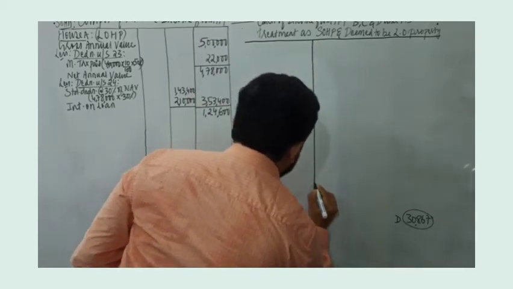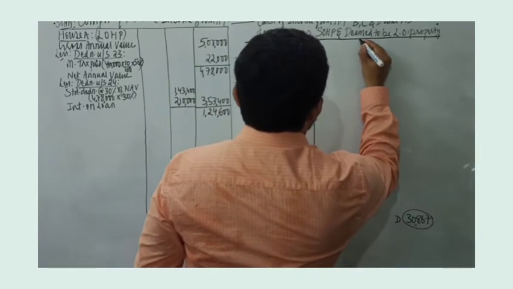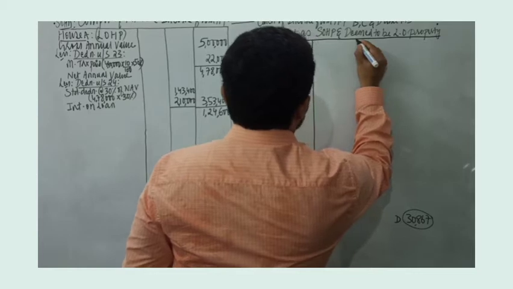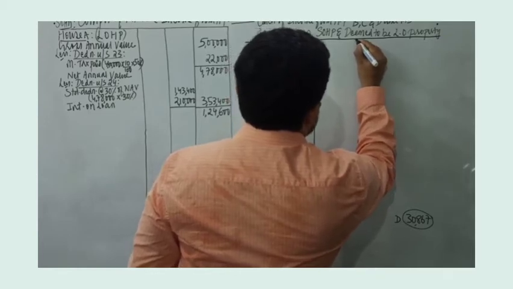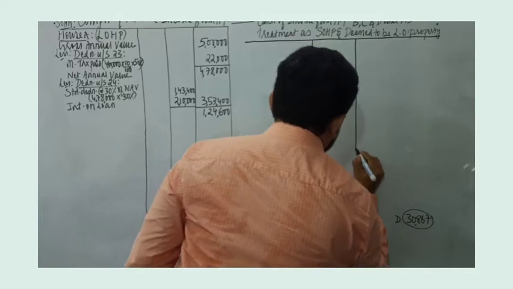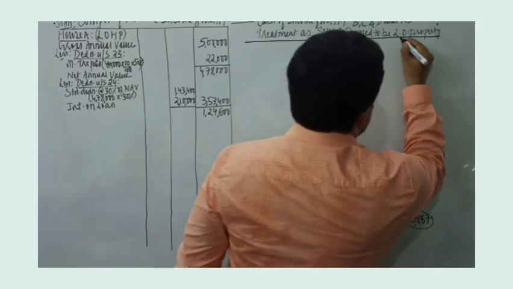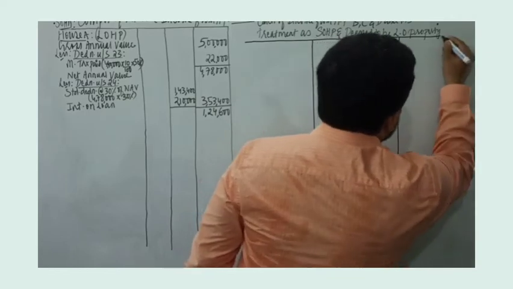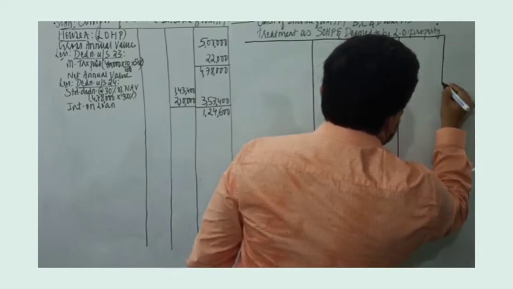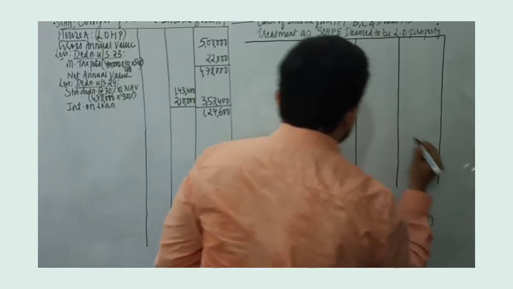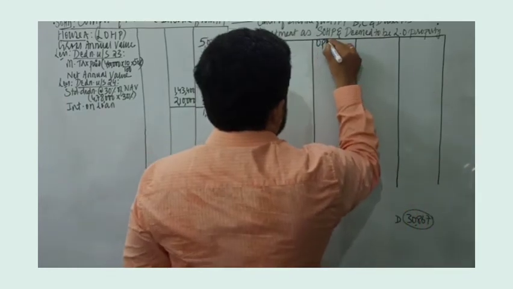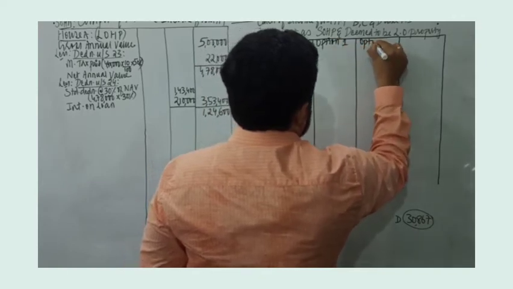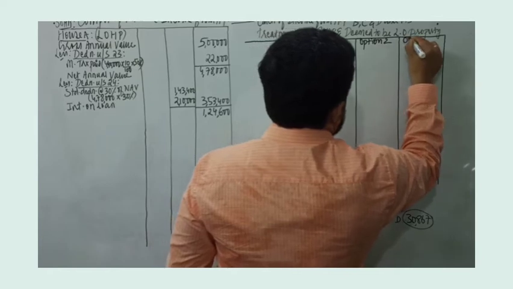I will record this one as option 1, we'll take option 2, and we can treat this as option 3. So option 1, option 2 and option 3.